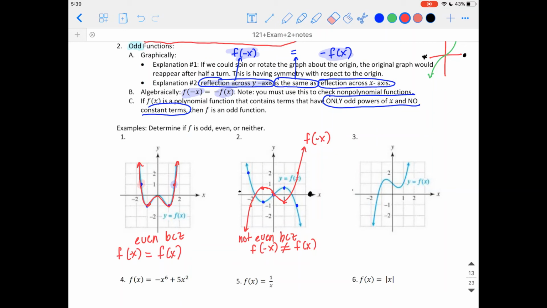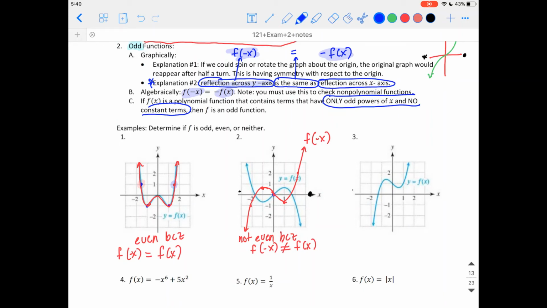All right, so I'm going to erase. Now I'm going to start off with the original blue function again. So I'm going to go right here. Explanation 2 says the reflection across the y-axis is the same as the reflection across the x-axis.